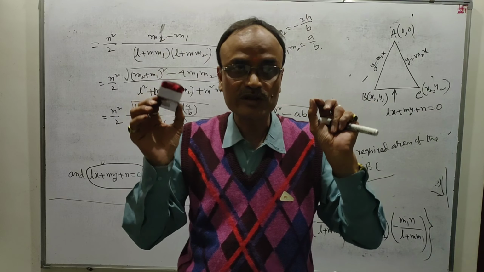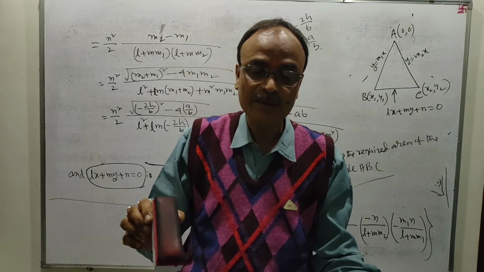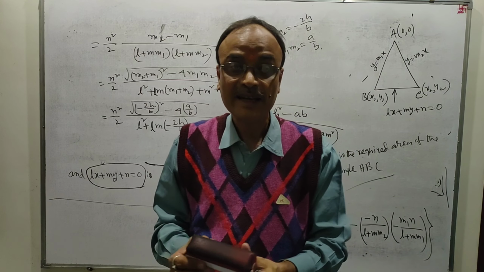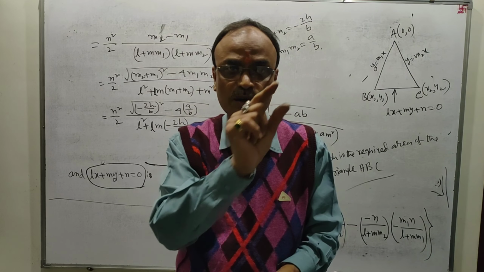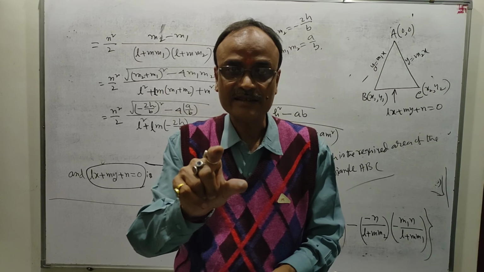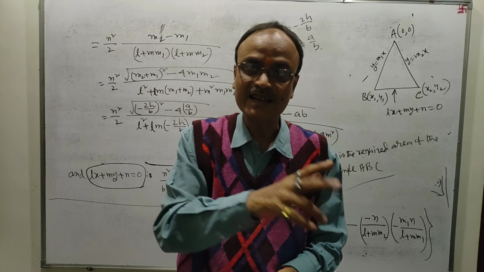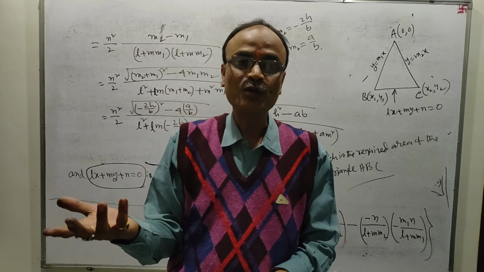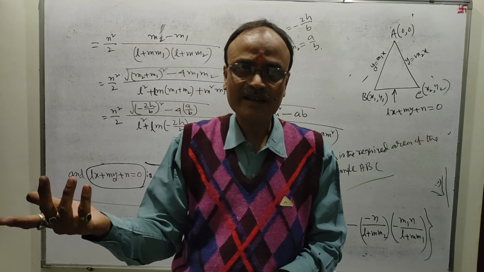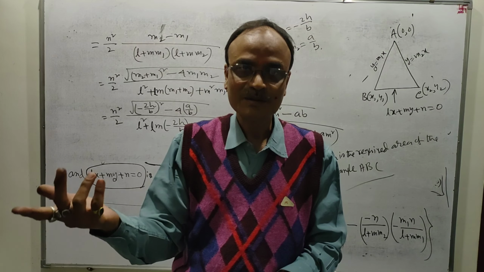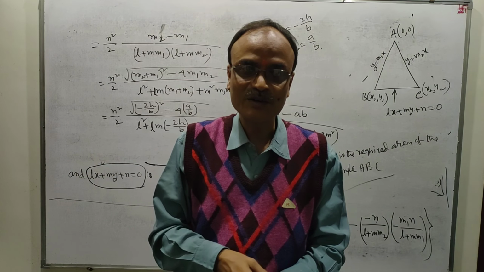You can easily find the coordinates of B. Similarly, you can find the coordinates of C also. Now the coordinates of A, B and C are known. Therefore, you can easily find the area of the triangle.